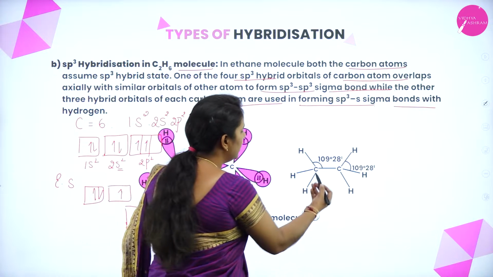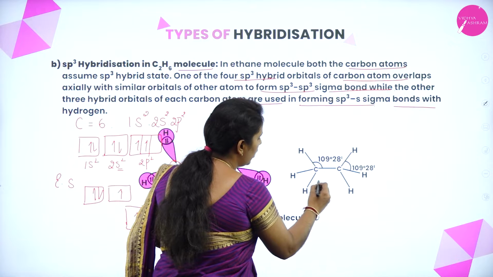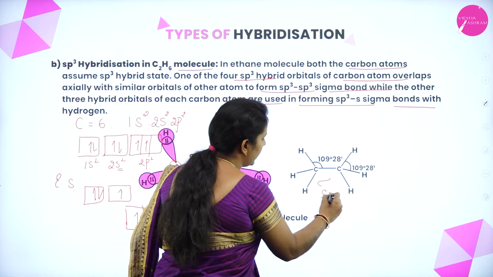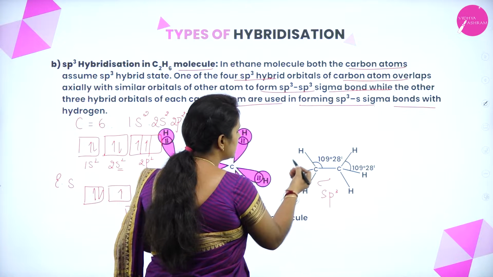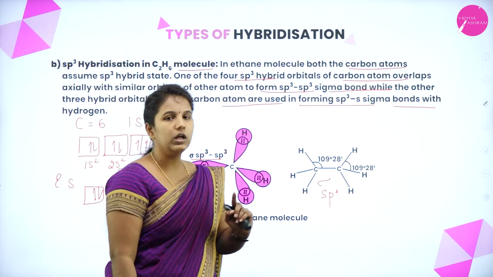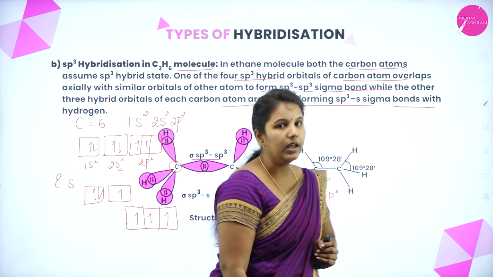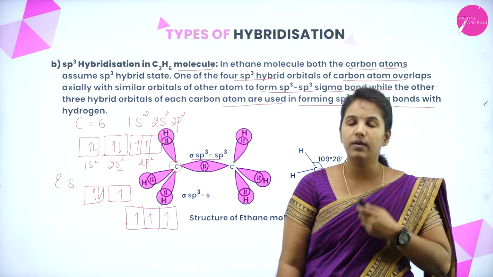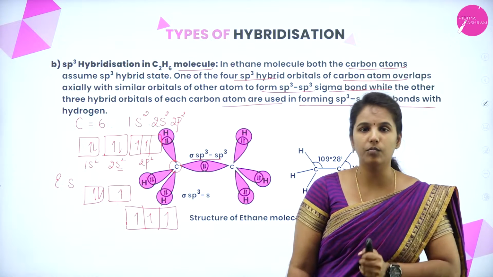You can see that these 2 carbon atoms undergo sigma sp3 hybridization, and each carbon atom shares 1 electron with each of 3 hydrogen atoms, forming the ethane molecule.